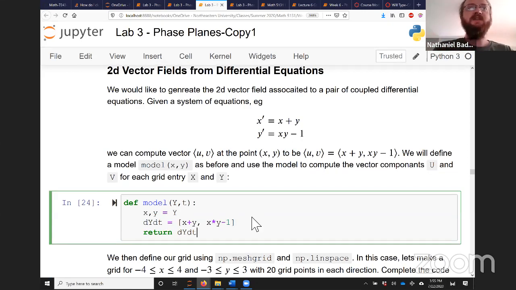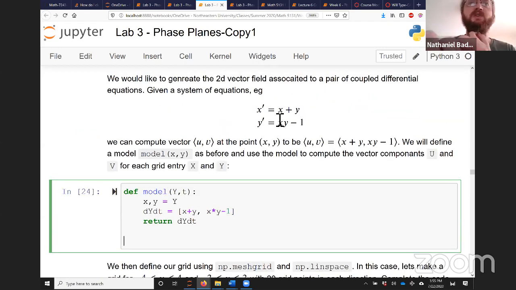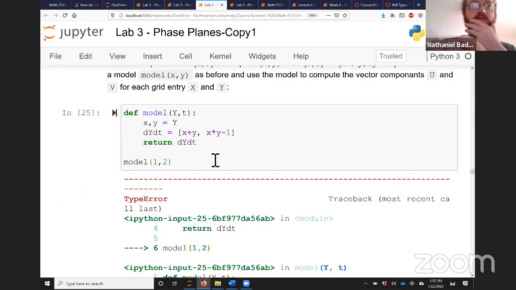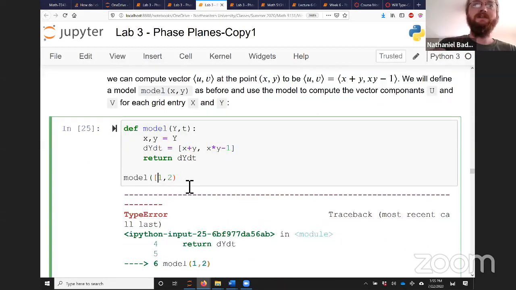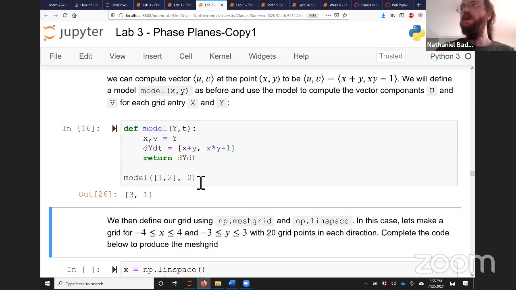This model just returns these formulas, and I can ask for the derivative at the point 1, 2 for time 0, and it gives it to me right there.